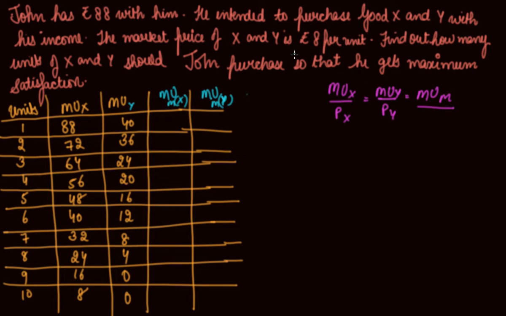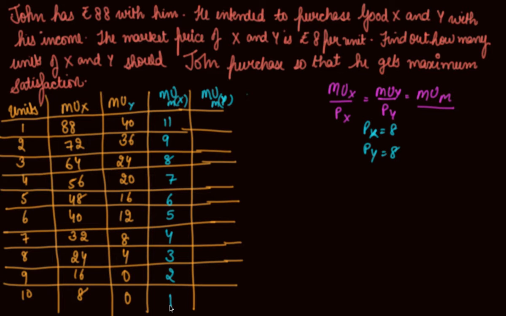The price of X is 8 and the price of Y is also 8. So we can divide and get the answers for X: 11, 9, 8, 6, 5, 4, 3, 2 and 1.